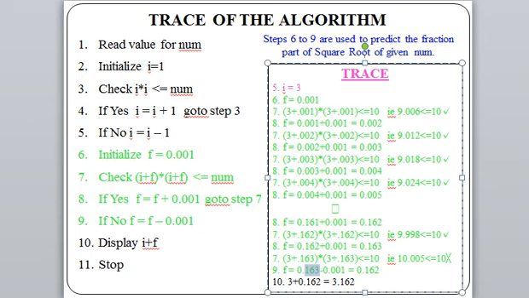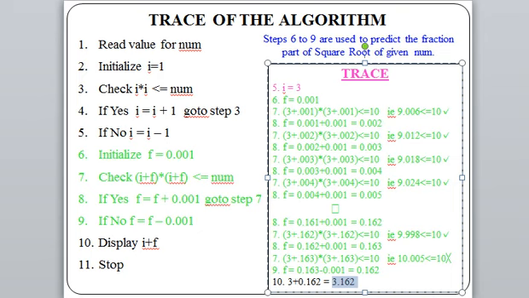So we have to subtract the last step, that is, from 0.163 we subtract 0.001. Then we get the new value of the fractional part, which is 0.162. This 0.162 added with 3 gives the final square root of the given value, 3.162. Then we display this result and stop the procedure of finding the square root.